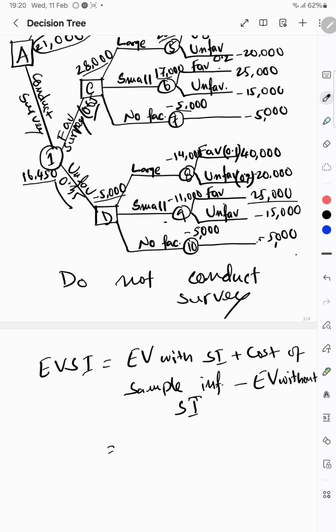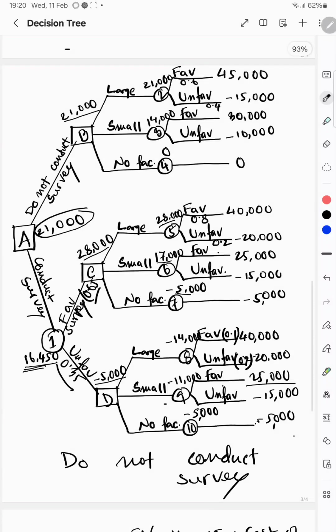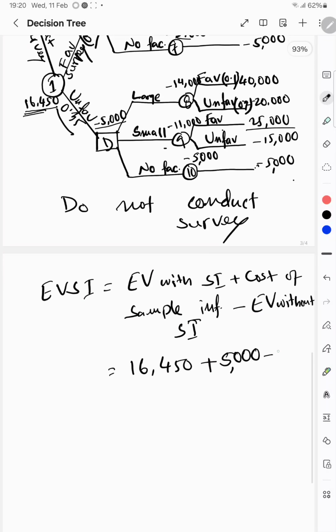So our EV with sample information is 16,450. The cost of sample information, meaning cost of the survey, is 5,000, and EV without sample information, if you do not conduct survey, is 21,000. So we'll go here, 21,000.